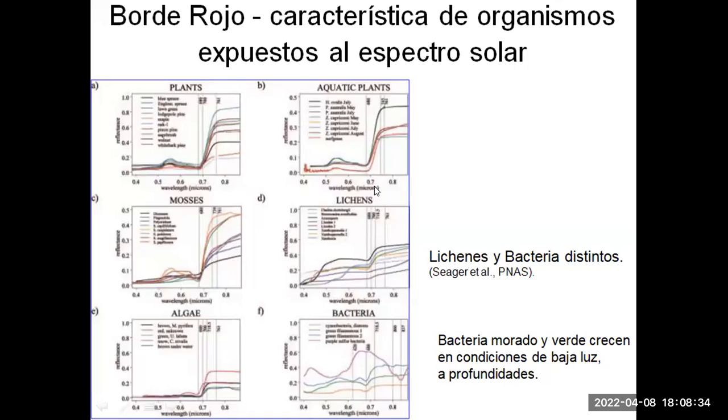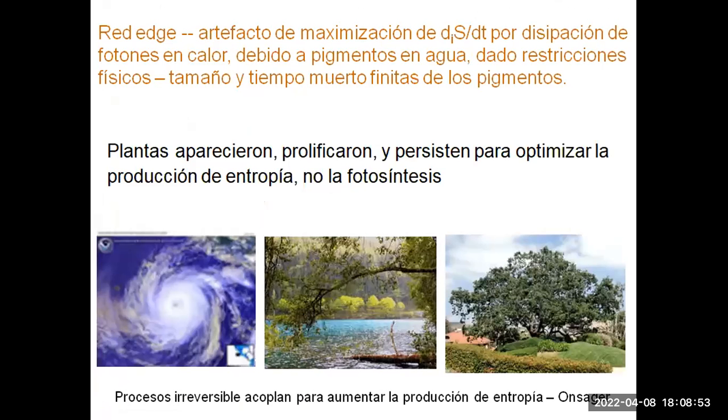So it seems that those organisms which are exposed to very strong light have a very strong red edge, and those like the lichens and some of the bacteria do not have this well-defined red edge. So that's a hint about what is possibly happening.